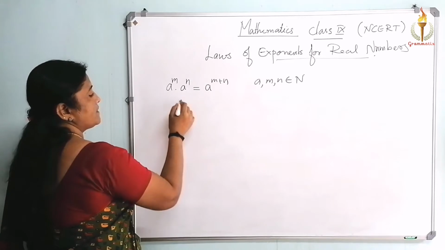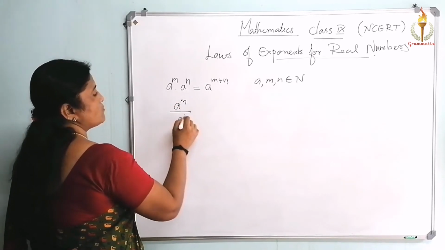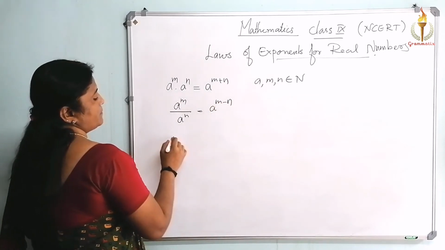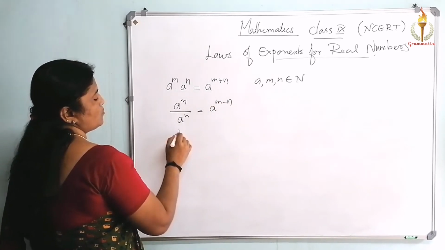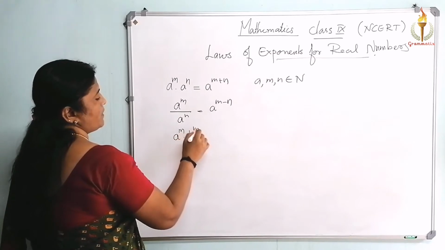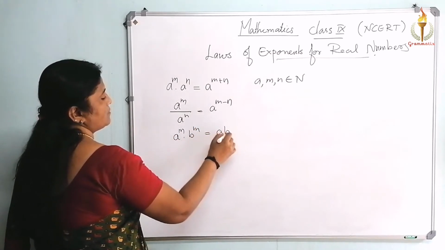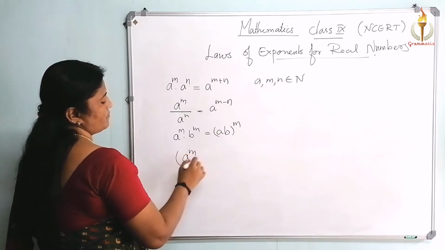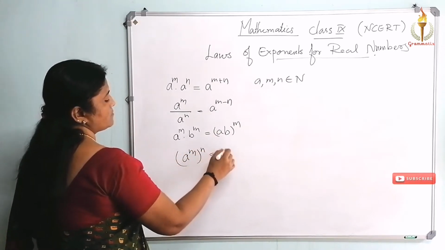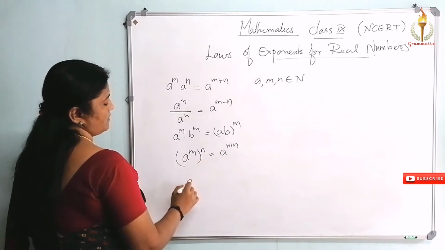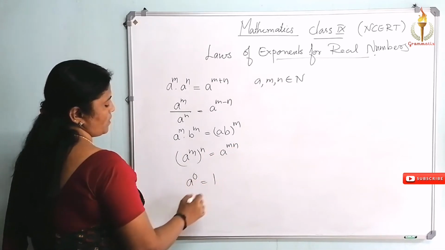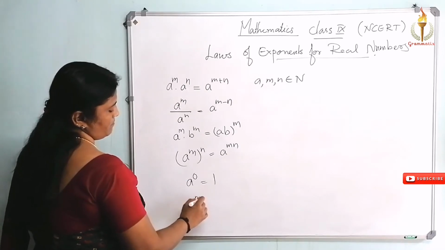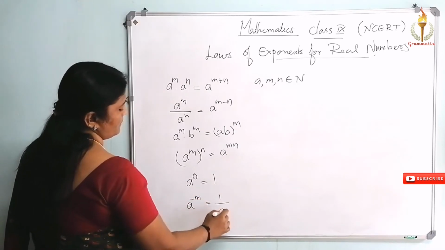The second one is a raised to m by a raised to n is equal to a raised to m minus n. a raised to m into b raised to m is equal to ab the whole raised to m. a raised to m the whole raised to n is equal to a raised to mn. a raised to 0 is equal to 1. a raised to minus m is equal to 1 by a raised to m.